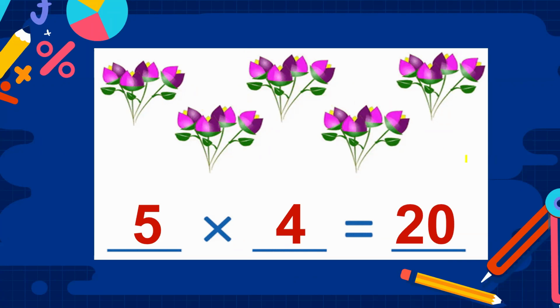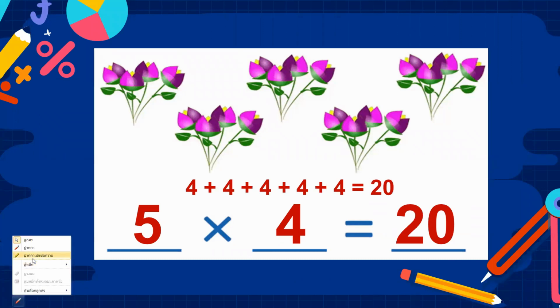So multiplication as repeated addition, we can say 4 plus 4 plus 4 plus 4 plus 4 equals 20. So we have 5 fours. 1, 2, 3, 4, 5.